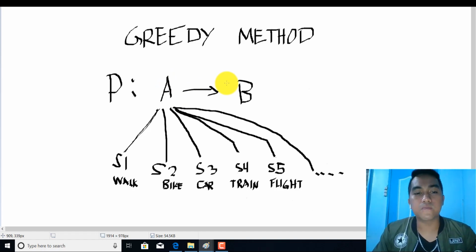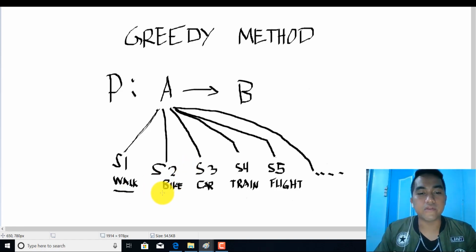So what are the possible solutions to this problem? How does the greedy method apply to this problem? First, I can go from point A to point B by walking.